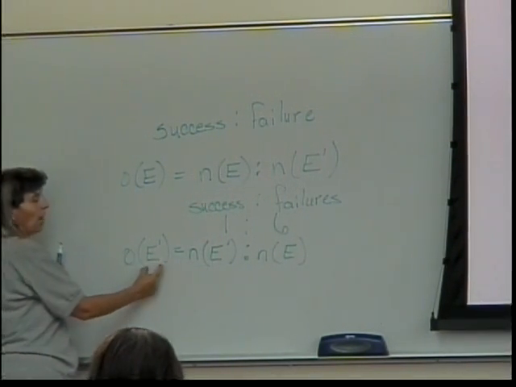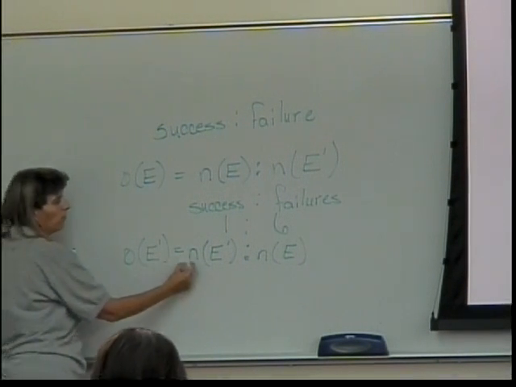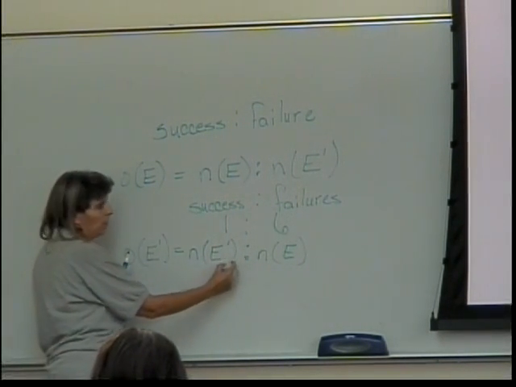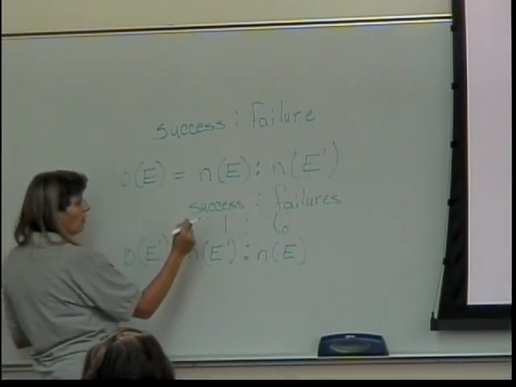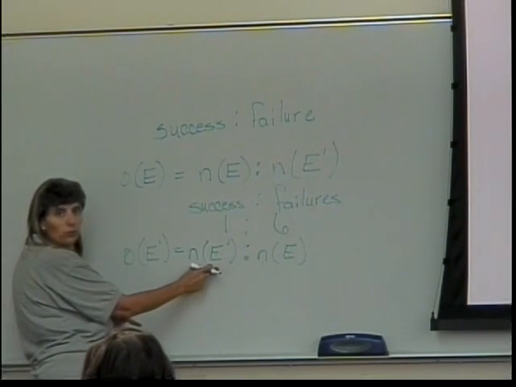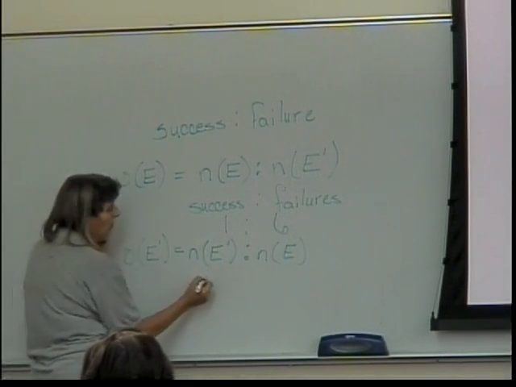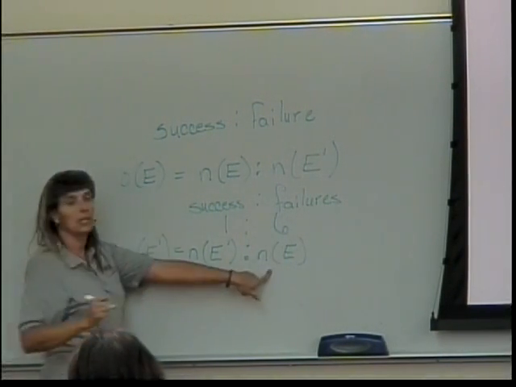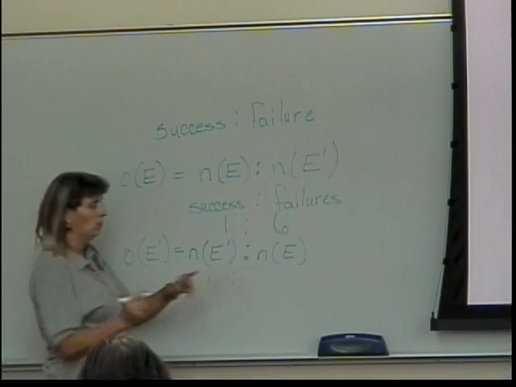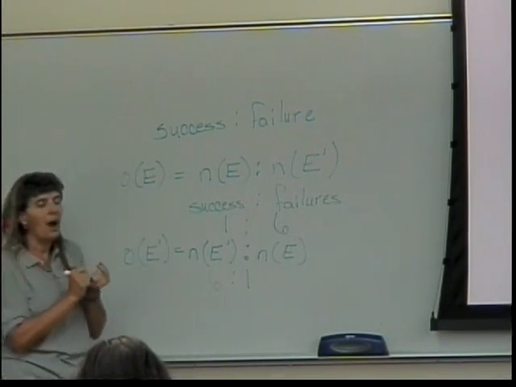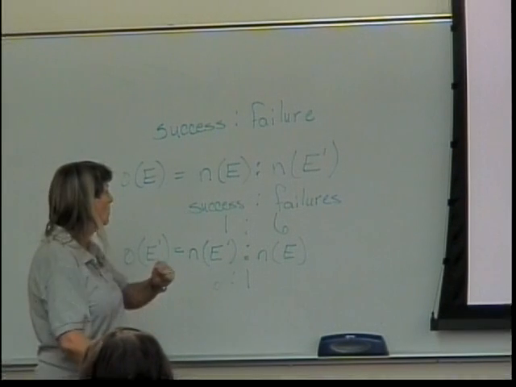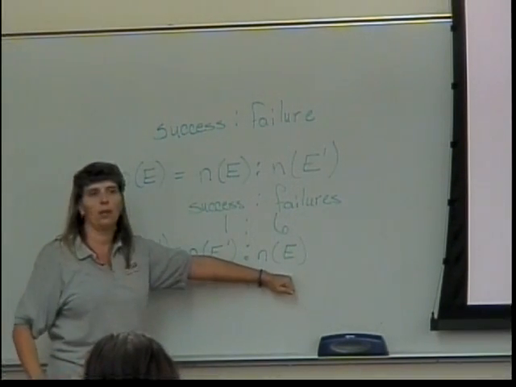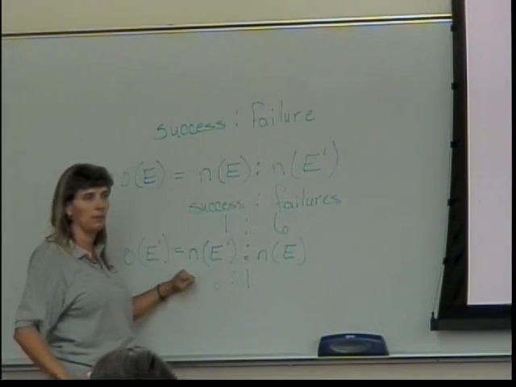So the odds of not being in our event is going to be the number of things not in our event to the number of things that are. The number of things not in our event we found out from the original part was 6, and the number of things in our event was 1. So the odds for complements just switches the numbers around. Because what had previously been a success becomes a failure, and what had previously been a failure becomes a success.